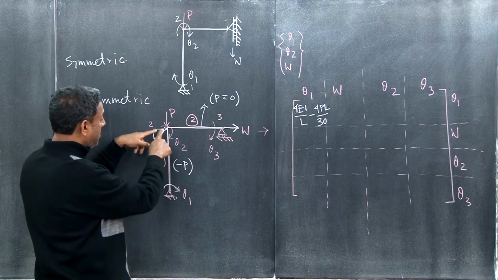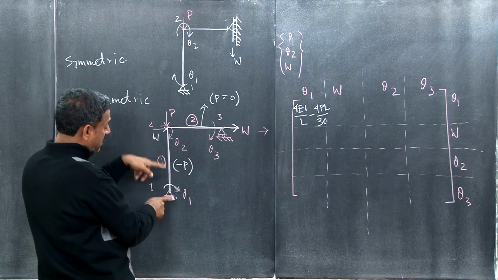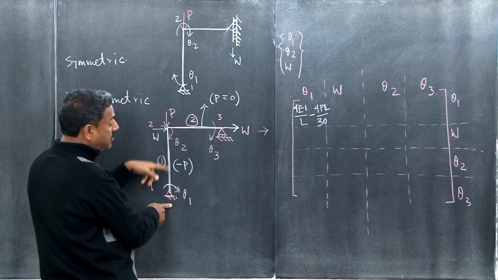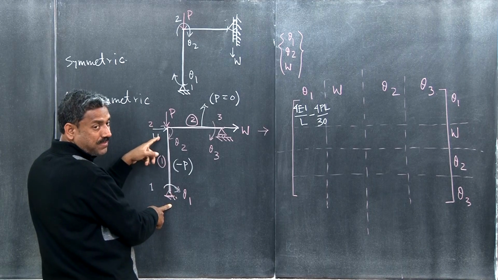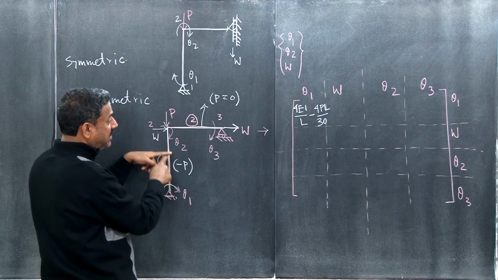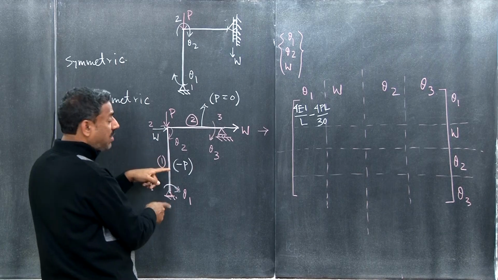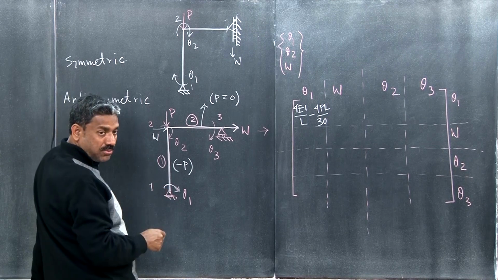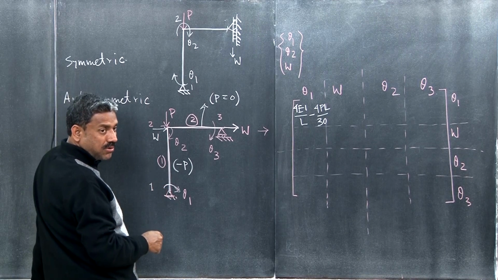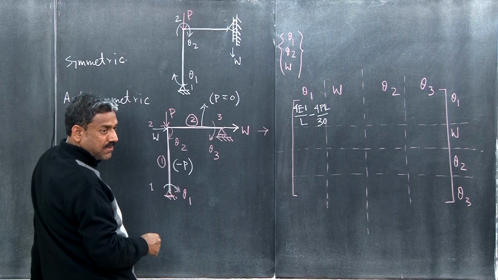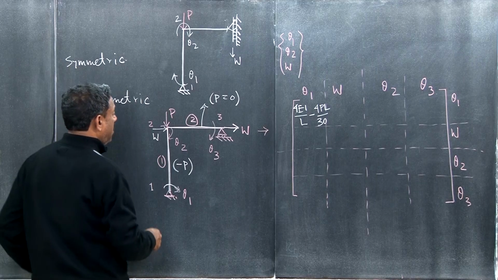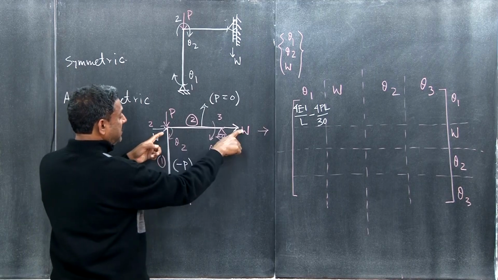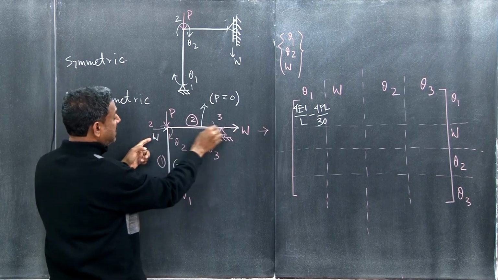These two degrees of freedom belong to two different nodes, so only the member connecting the two nodes will contribute. Understand?